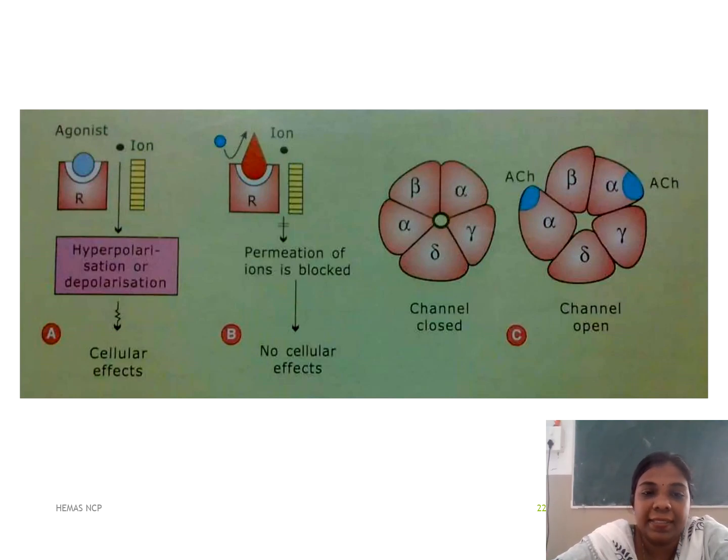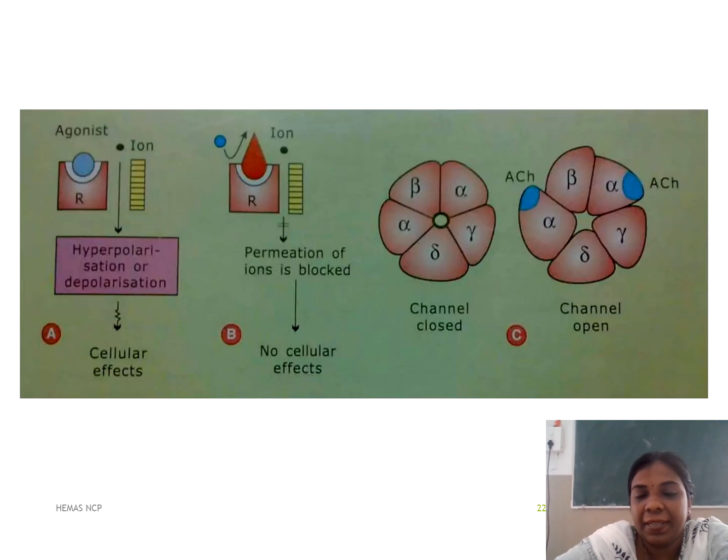So the figure has three parts, A, B, and C. In A, the agonist binds to the receptor and the channel opens. The ion passes through the receptor, leading to depolarization or hyperpolarization, which leads to the cellular effect.